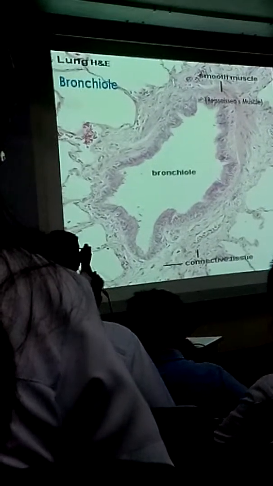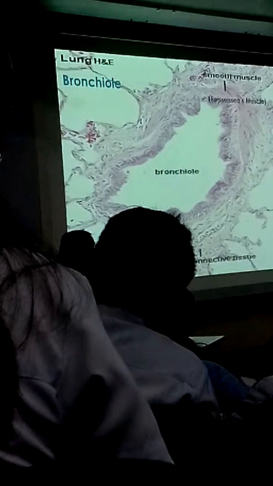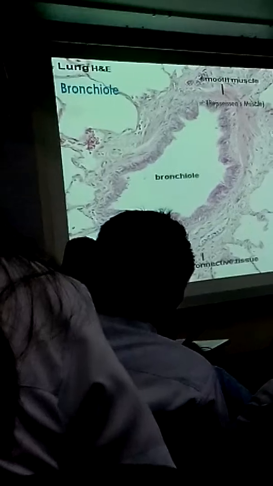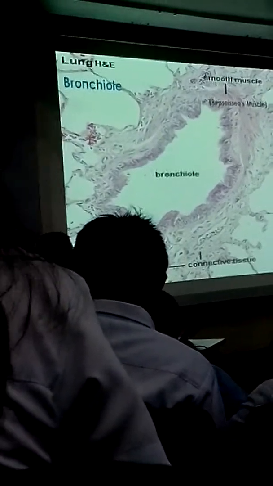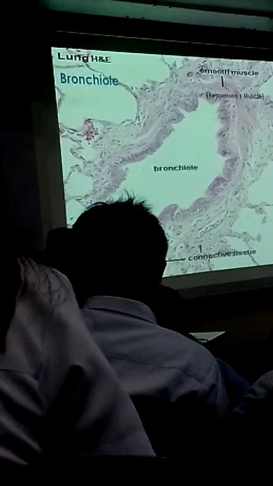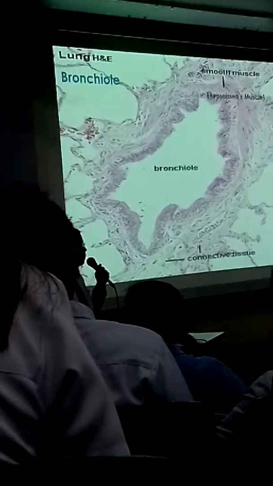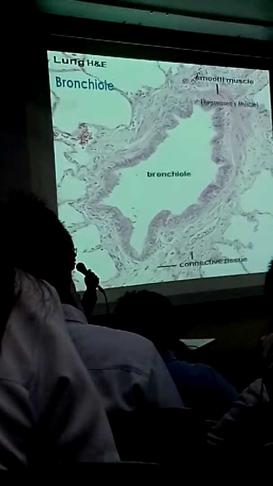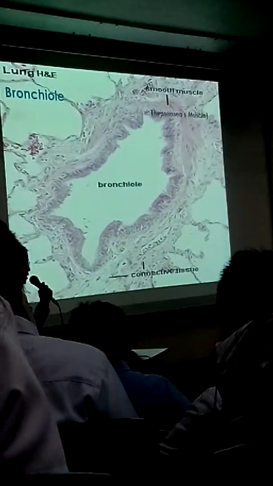So the smooth muscle is relatively thick, which serves its function. What is the function of this muscle? Why do you have wheezing in asthma? This muscle is responsible for the bronchoconstriction, which you can find in obstructive lung disease, examples of which are asthma and COPD, or chronic obstructive pulmonary disease.